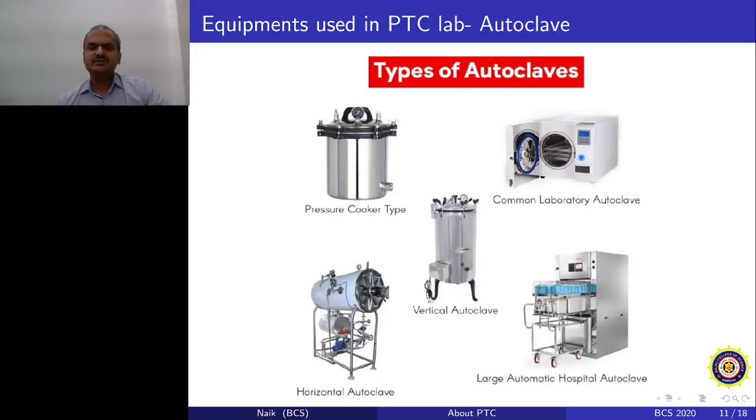The common laboratory autoclave, or this large automatic hospital autoclave or horizontal autoclave, are generally used where you want sterilization on a much larger scale. Commercial tissue culture companies generally use the horizontal autoclave or the large automatic hospital style autoclave. But in small labs we can use the pressure cooker type or vertical autoclave, which is generally of 20 liters, 10 liters, or sometimes 50 liters. These are the different types of autoclaves utilized in plant tissue culture labs as well as for other purposes.